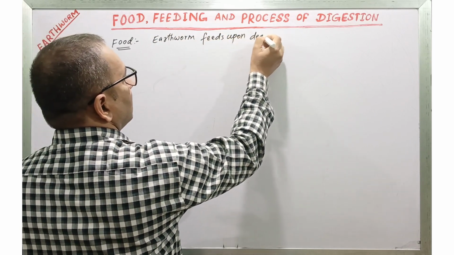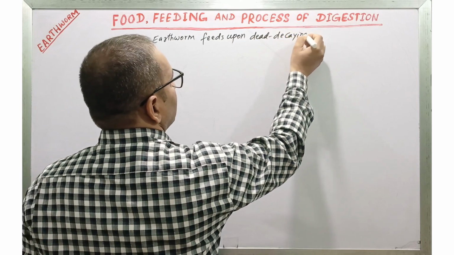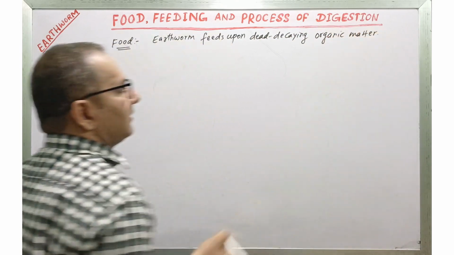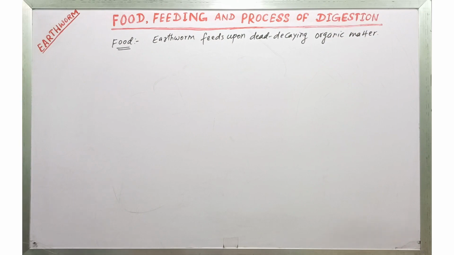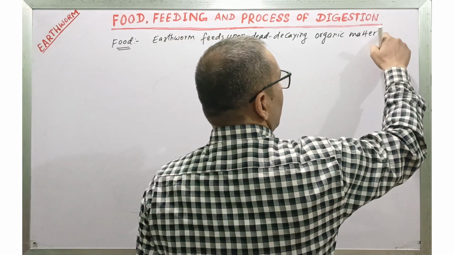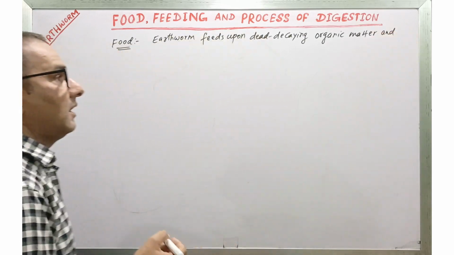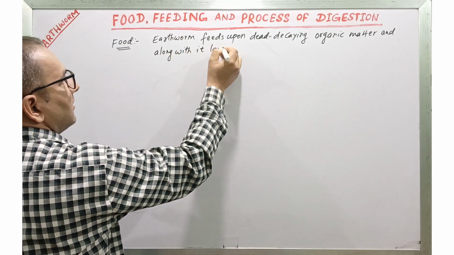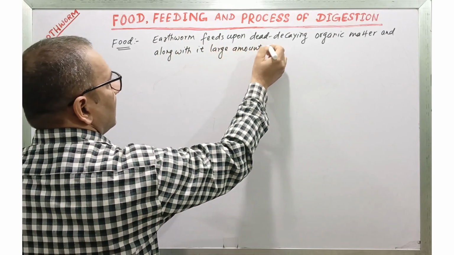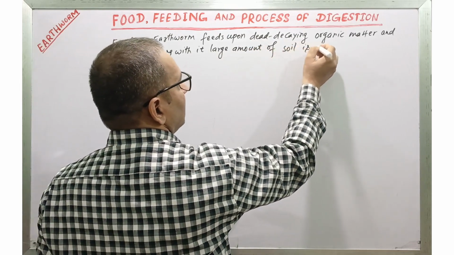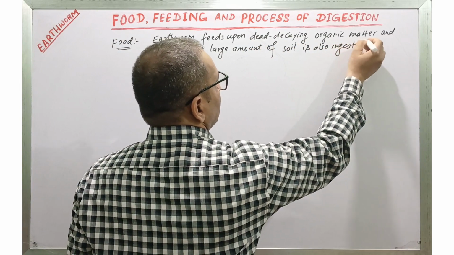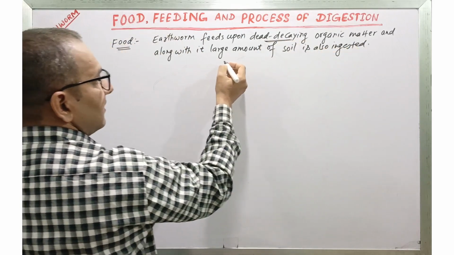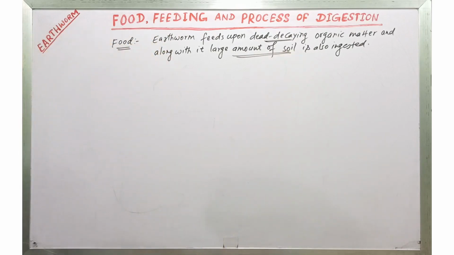So earthworm feeds upon dead decaying organic matter, and along with this dead decaying organic matter, a large amount of soil is also ingested.